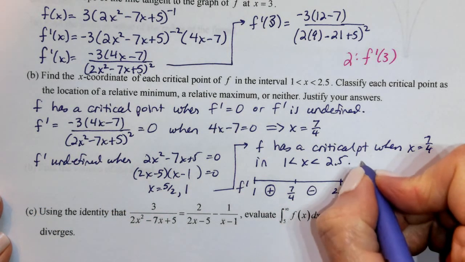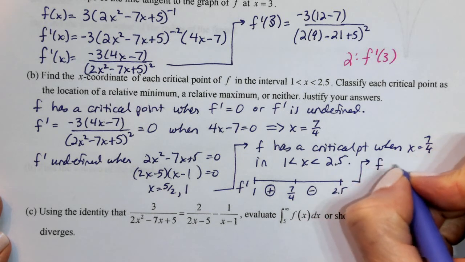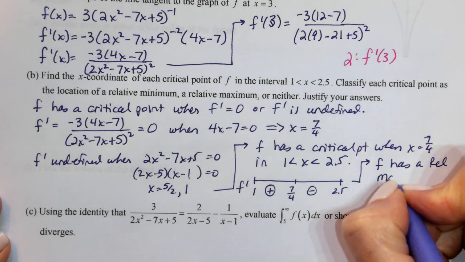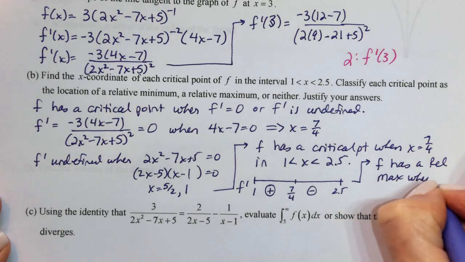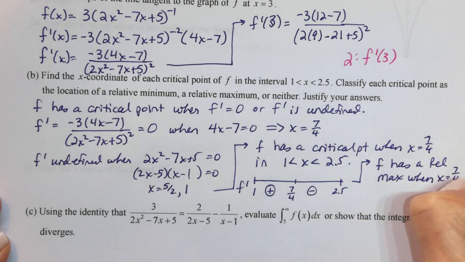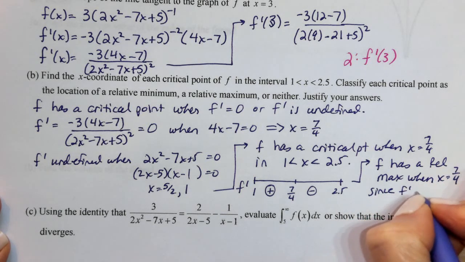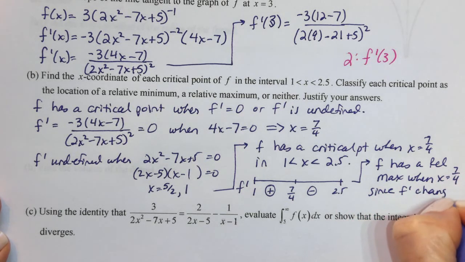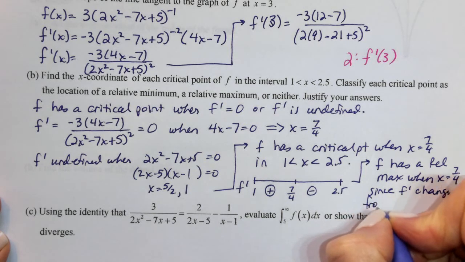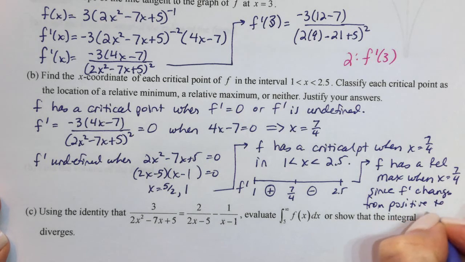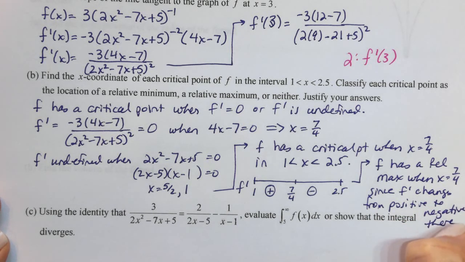So I will say f has a relative max when x is 7/4, since f prime changes from positive to negative there.